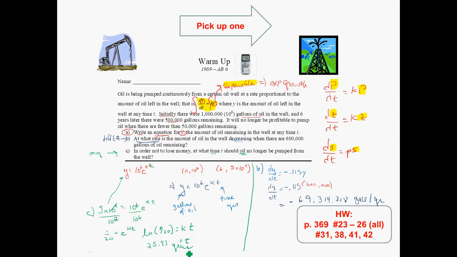Note your homework. And then in your notes, we are going to explore not exponential growth, because that's unlimited. Remember, exponential growth or decay, but just for time's sake here.